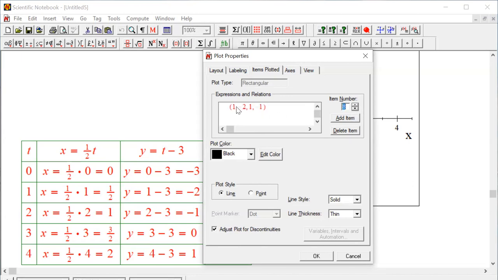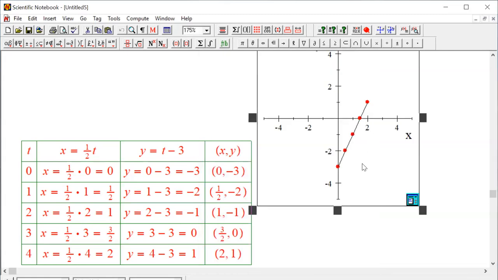And the next point is also half, negative 2. That would do it. So that's the direction. I made a mistake, now it's corrected, right? So these points are connected like this.